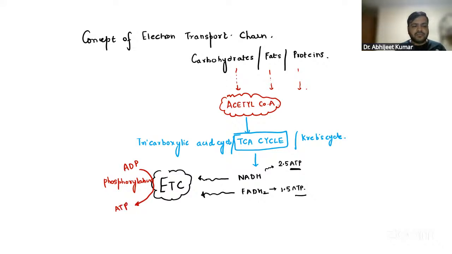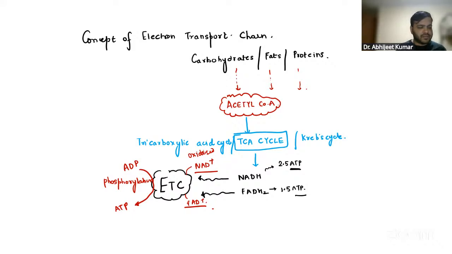Basically, this NADH, what will also happen, guys? They will be oxidized. This NAD plus and FAD plus will be oxidized too. Removal of hydrogen will be there, and obviously it will be giving us energy, right?